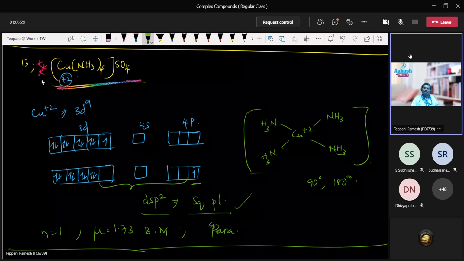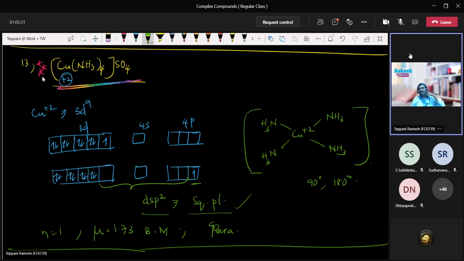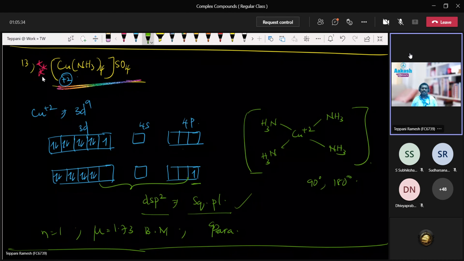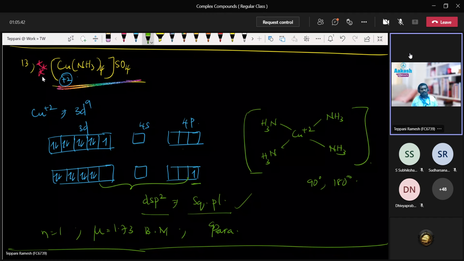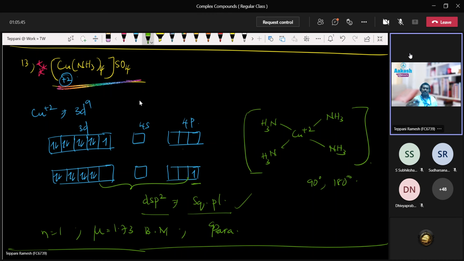Special case, star mark. Like this there are so many demerits, so many cases. He did not explain strong field and weak field. What is the criteria for electron pairing? Not explained. Why some cases like this happen? Not explained. This complex he did not explain properly at all. Like this, so many objections.